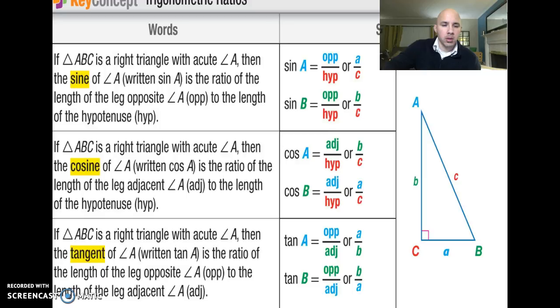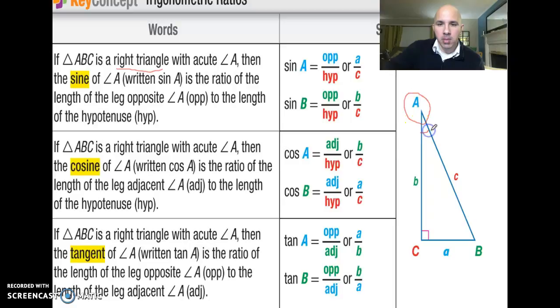Here are our definitions for the trigonometric ratios: sine, cosine, and tangent. If triangle ABC is a right triangle with an acute angle A, here goes my acute angle.